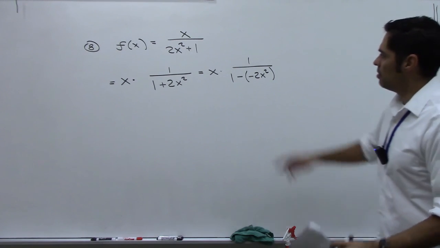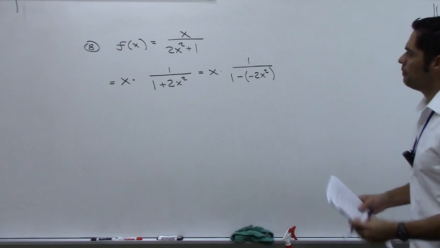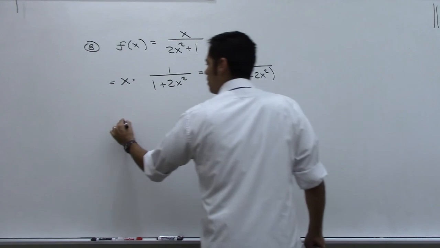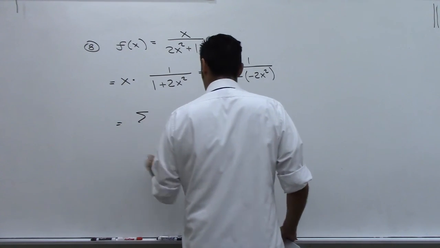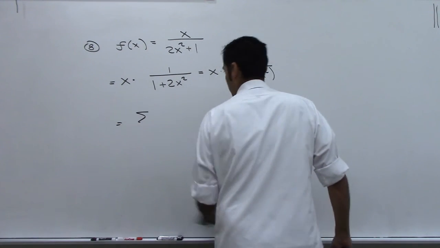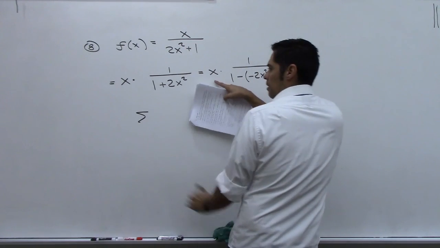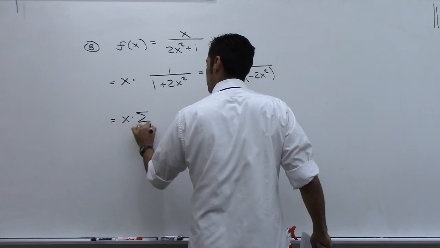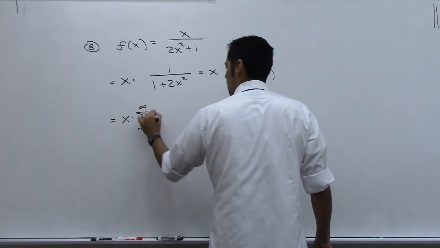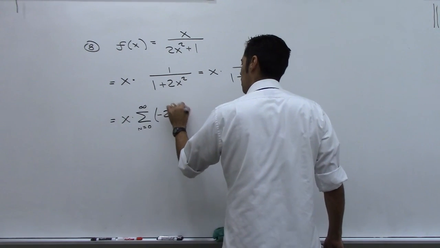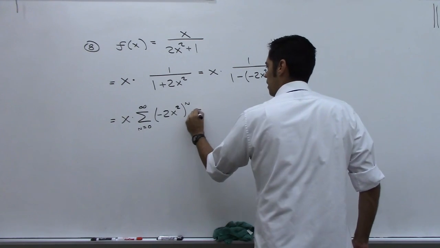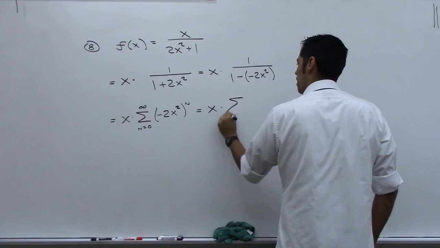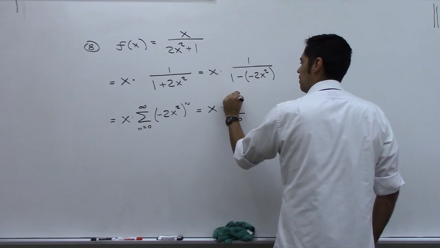And now it looks like 1 over 1 minus u. So that becomes, sorry, I had an x in front of that. This x right here. So x times sum n equals 0 to infinity of the u, which is negative 2x squared to the n.